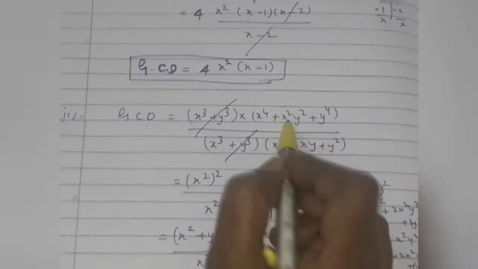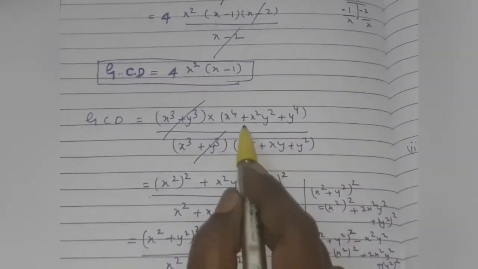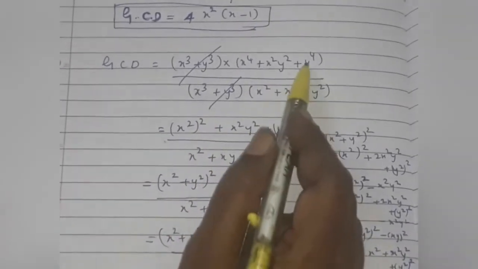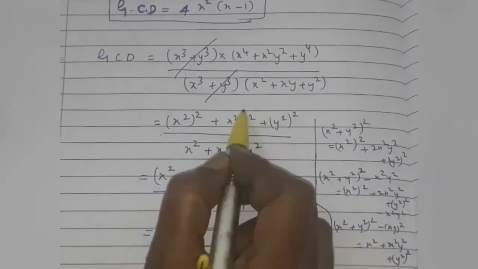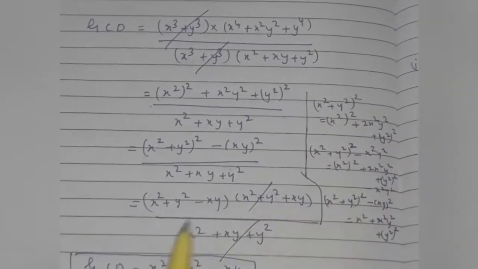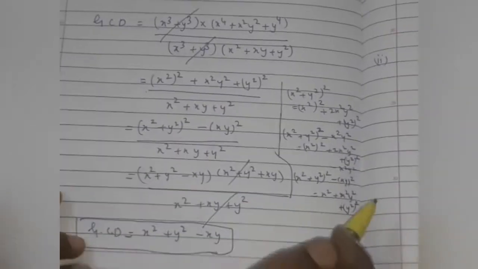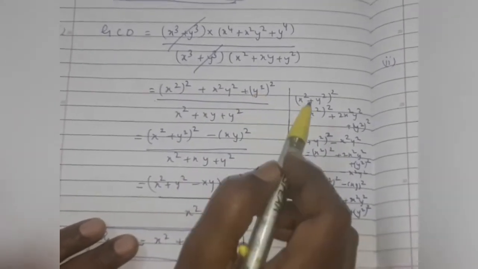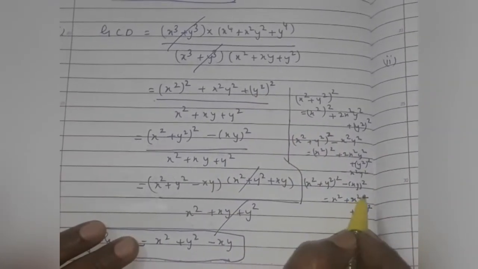Now this thing can be factorized like this. x power 4 can be written as x square the whole square plus x square y square, and y power 4 can be written as y square the whole square. So what is the formula for this? You use x square plus y square the whole square minus xy the whole square.